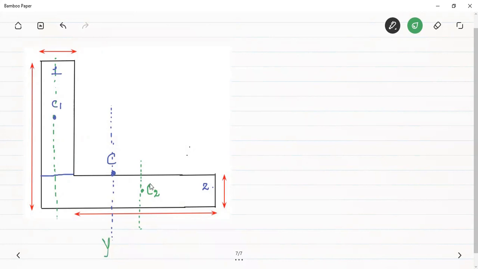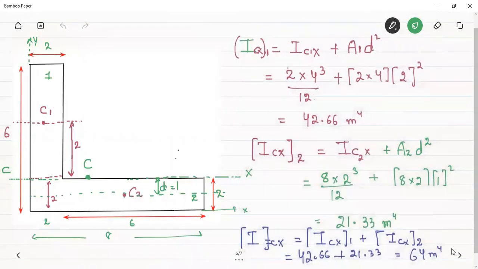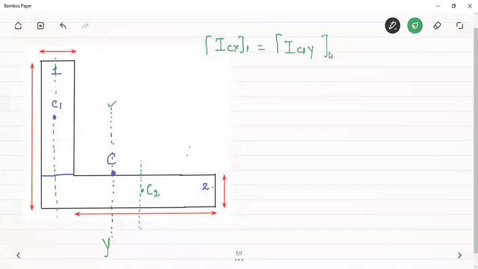So let's take the first rectangle: the moment of inertia of the first rectangle about the centroidal y-axis will be equal to the moment of inertia of the first rectangle about its own centroidal axis, just like we did in the previous slide, plus the area of the first rectangle times the square of the distance between these two axes.